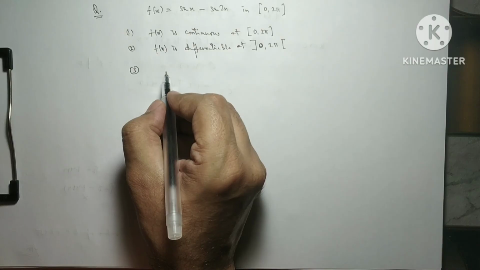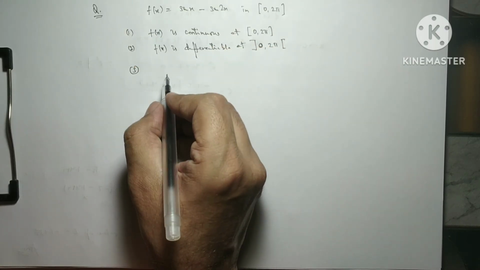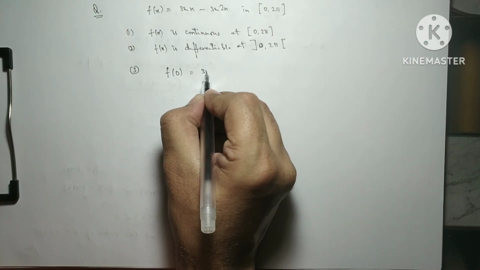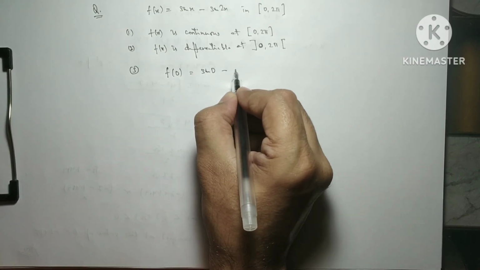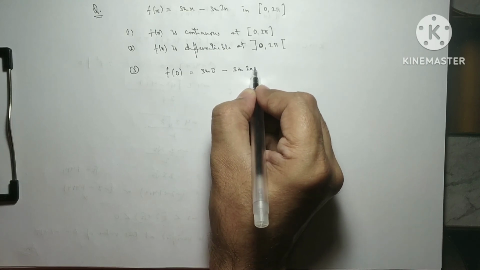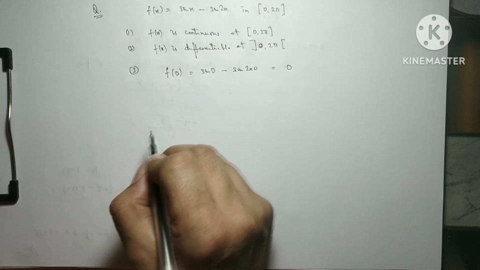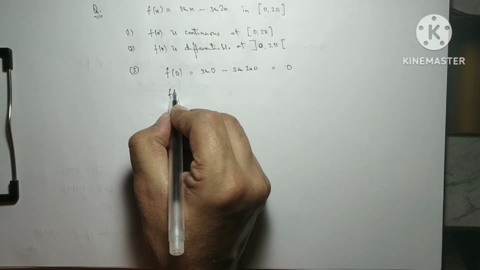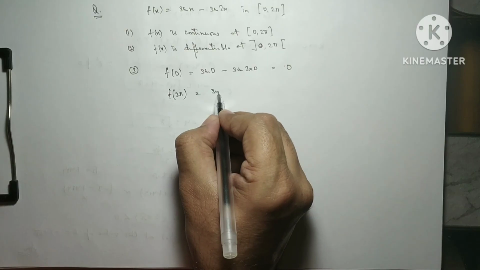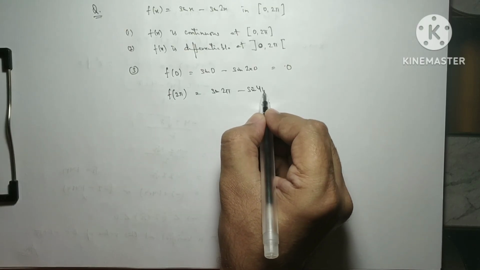And third, we will place the terminal values in this function. So f(0) is sin 0 minus sin 0, which is 0, and f(2 pi) is sin 2 pi minus sin 4 pi.